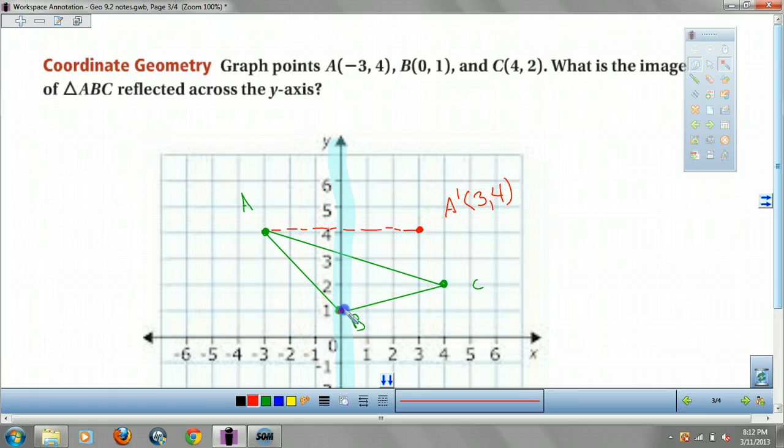B and B prime are the same thing, guys, because I'm 0 distance away from the line, so I have nowhere to go. And C is 1, 2, 3, 4. 1, 2, 3, 4. So that's my C prime, and that's at -4, 2.